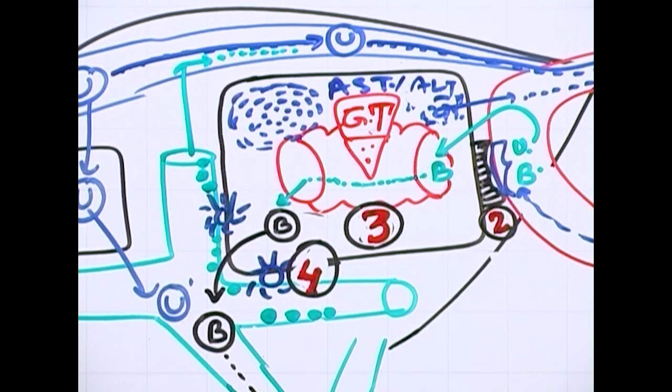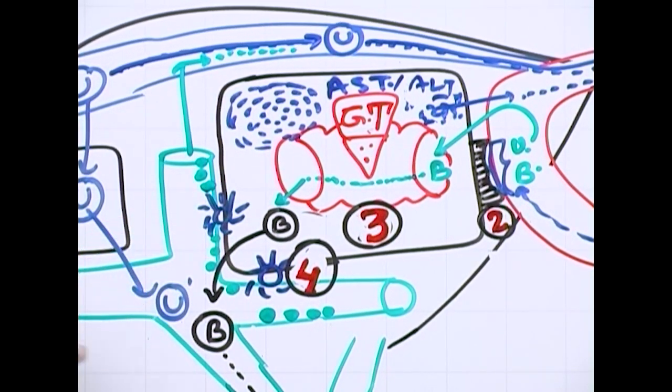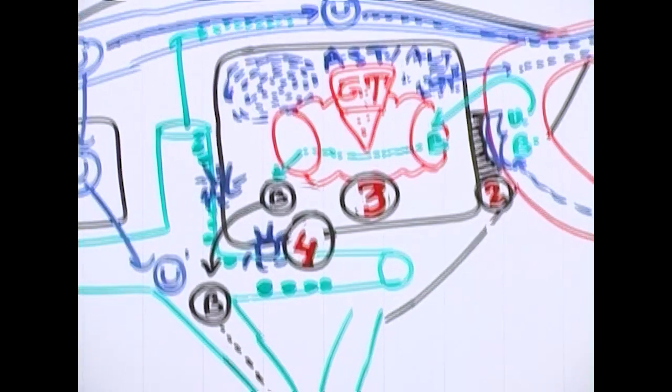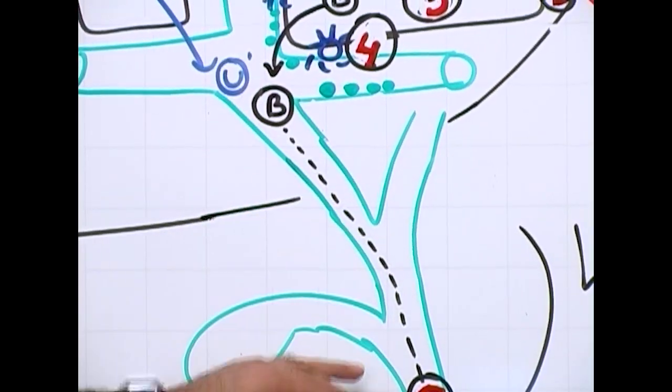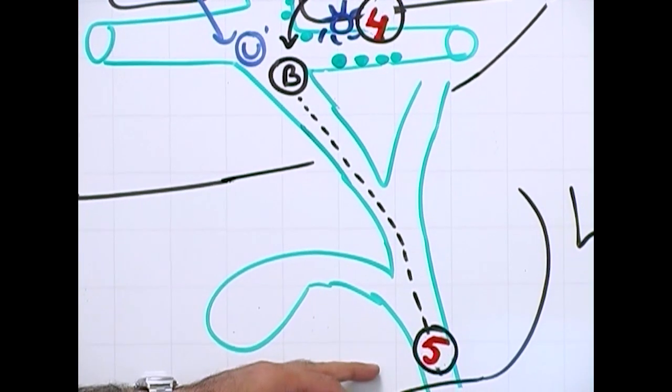So alkaline phosphatases regurgitate to circulation from the biliary canalicular system when biliary outflow is blocked, because the cause may be mechanism number 4 or mechanism number 5, right? There is intrahepatic or extrahepatic cholestasis.